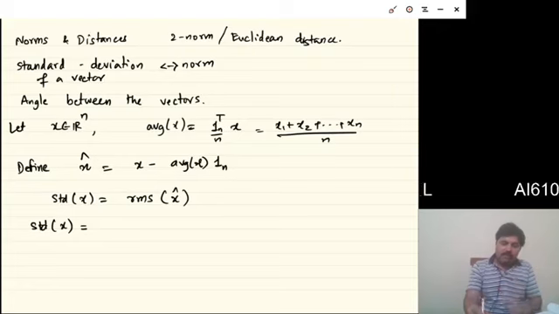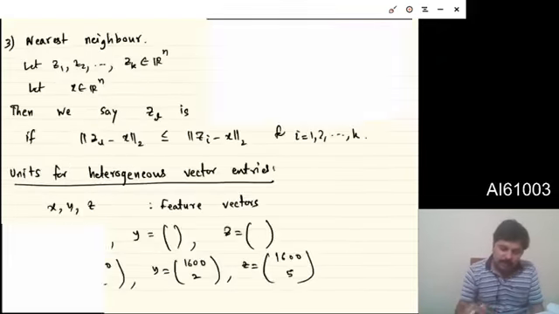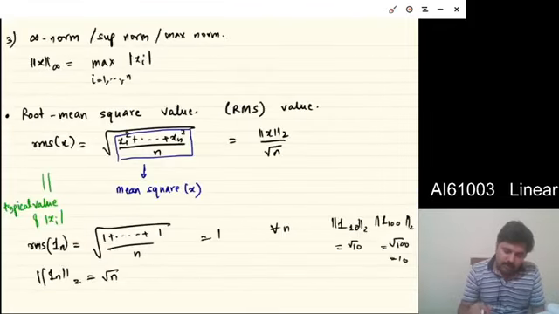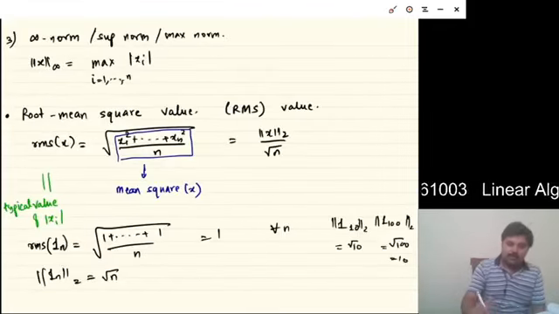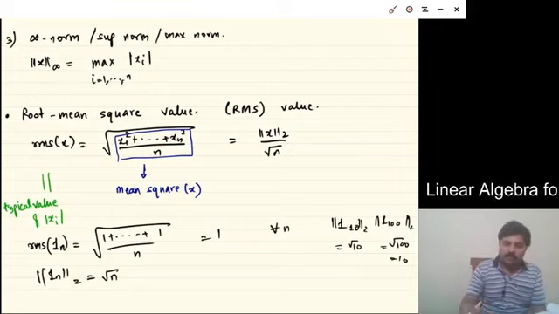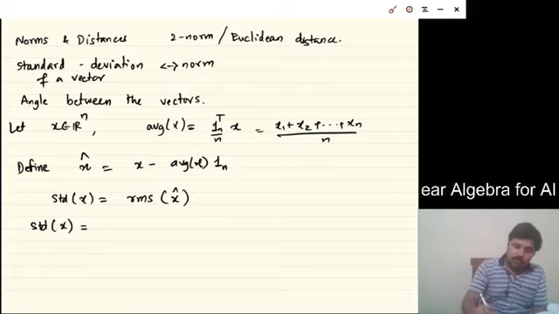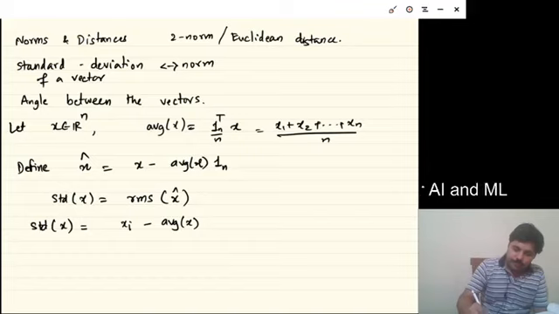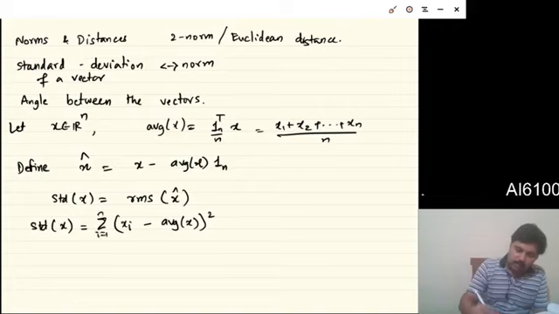And what is the RMS value of x hat? In yesterday's class we had defined RMS value. This is the definition of RMS value: x1 square plus x2 square plus up to xn square, divided by n, or 2 norm of x divided by square root of n. So we are looking at RMS of x hat. The ith component of x hat is xi minus average of x, so you will have the sum of squares, i going from 1 to n.